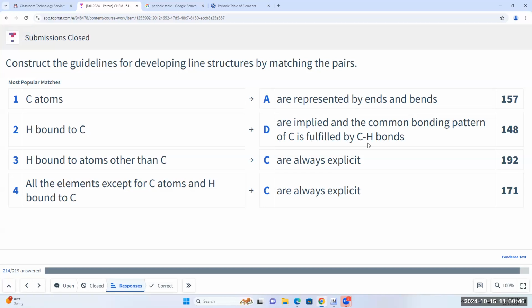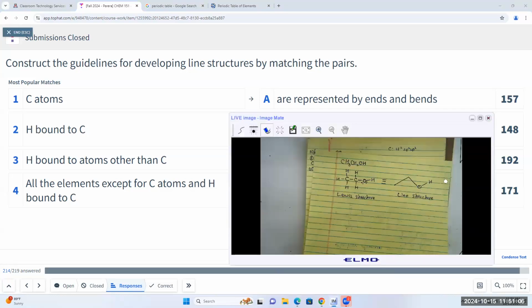Carbon usually forms 4 bonds. If you only have 2 bonds on that carbon, you're going to add 2 carbon-hydrogen bonds to make that carbon have 4 bonds. And then hydrogens bonded to atoms other than carbon are always explicit, meaning you need to draw them out. For example, in our case, we had to draw the hydrogen bonded to oxygen.